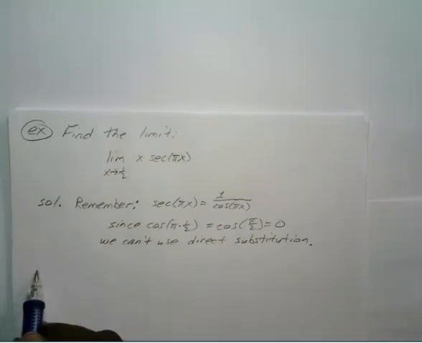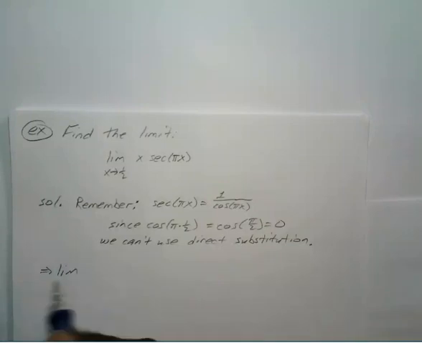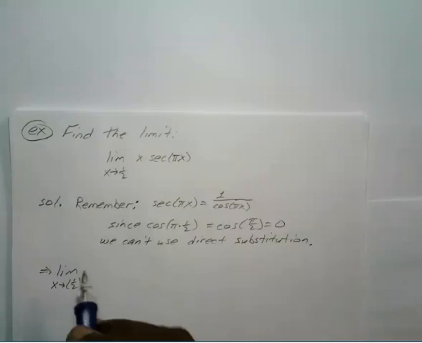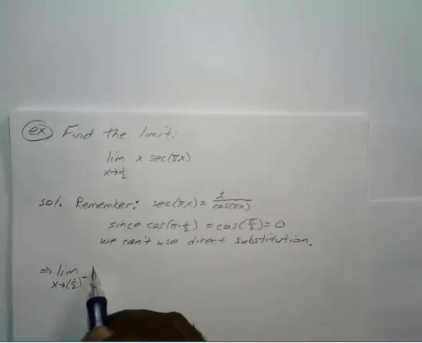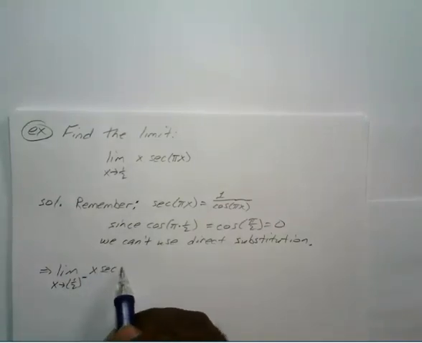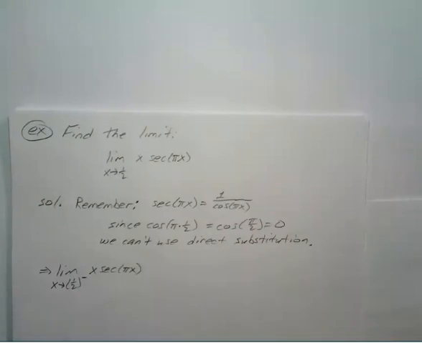Alright, so say the limit as x approaches 1/2 from the left. Okay, because we know that in order for the limit to exist, it has to be the same from either the left side or the right side. Okay, so that's of x secant pi x.